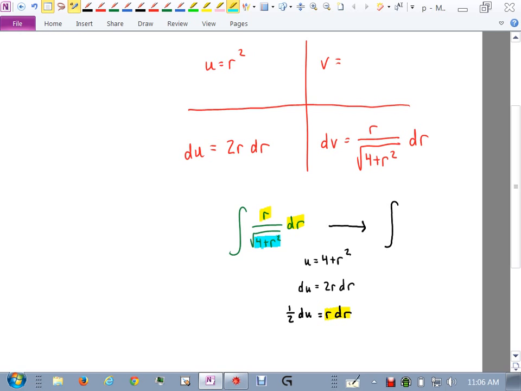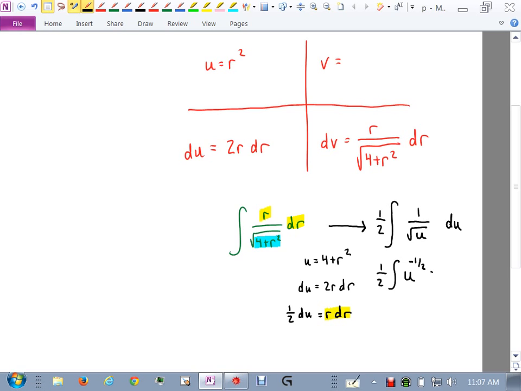Yes? So here's what we've got. 1/2 came out, my du's in the back. Then I have 1 over the square root of u.